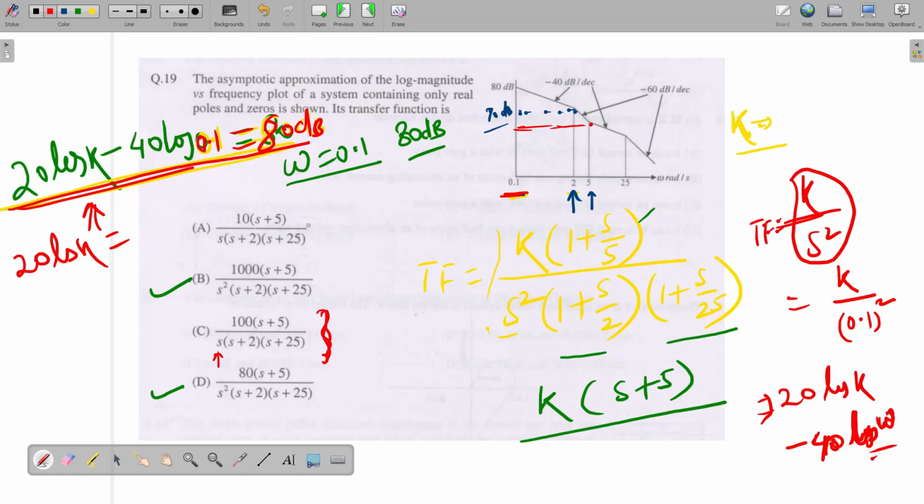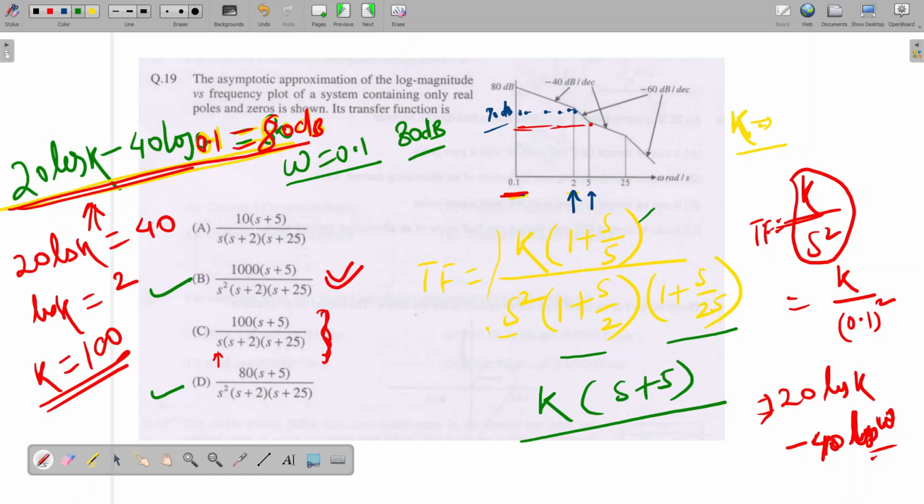B should be the correct option. So 20 log k is equal to 40, log k will be equal to 2, so k will be equal to 100. But see, it is not the actual k.